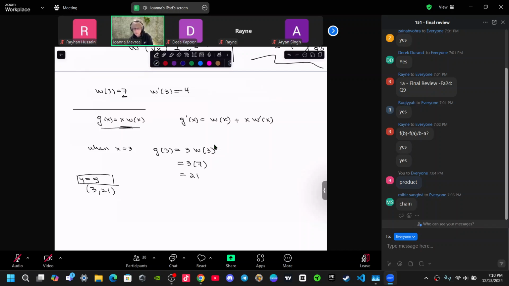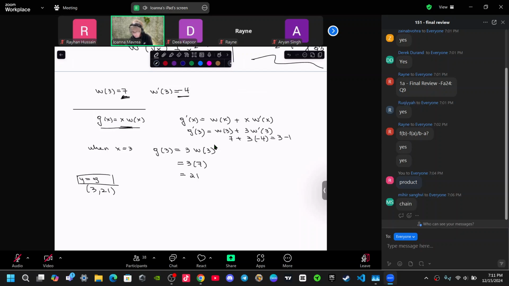Okay, but in order to write the equation of the tangent line, you need the slope. You need the derivative of the graph of g at 3. So you want to find g prime at 3, which we're just asked to do, right? So let's do it again. That would be w at 3 plus 3 w prime at 3. w at 3 is 7 still. w prime is -4.